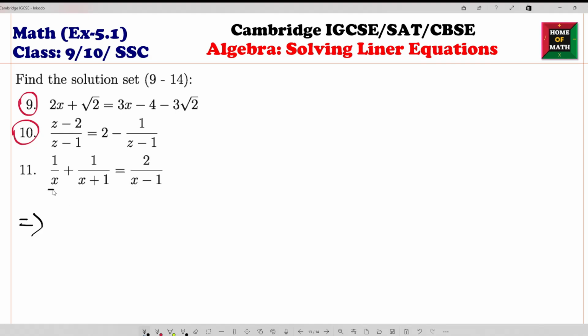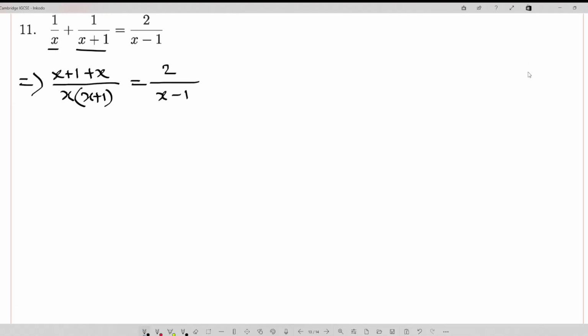So first this one and this one we can make LCM. So x plus 1, so here is x plus 1 plus x equals 2 divide x minus 1. We will find out the solution set, right?